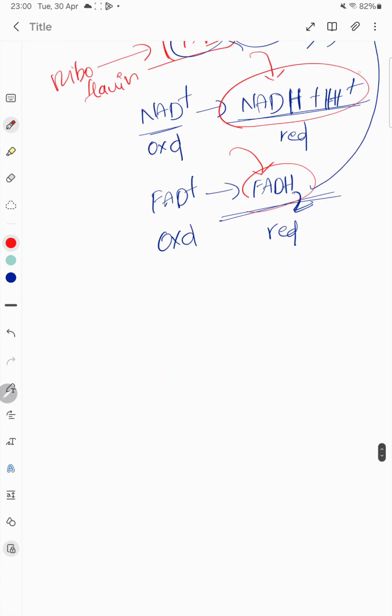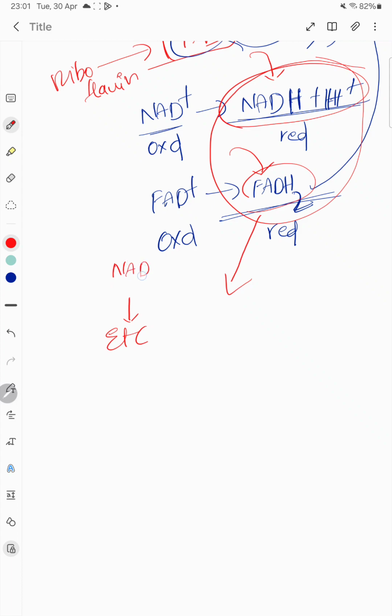Now we have to grab these two guys and make them pass through the electron transport chain. Which means the electron transport chain utilizes these NADH plus H plus energy-entrapped molecules from the TCA cycle.